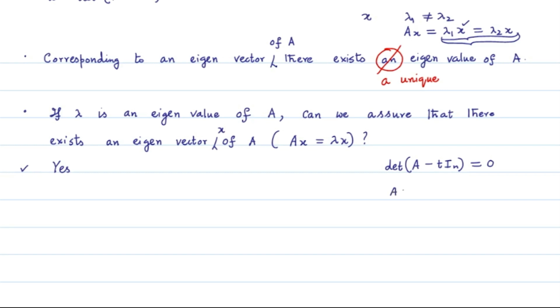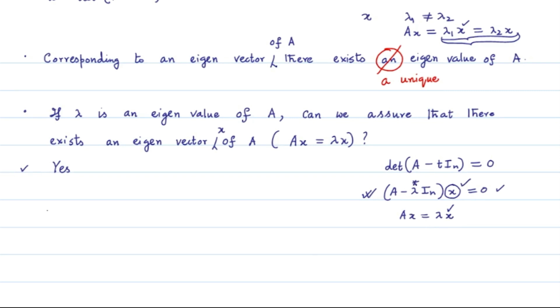Therefore, this system (A minus lambda I) times x is equal to 0 has a non-zero solution, and a non-zero solution x to this system evidently satisfies Ax is equal to lambda x, and hence this non-zero solution to this system is an eigenvector corresponding to this given lambda.